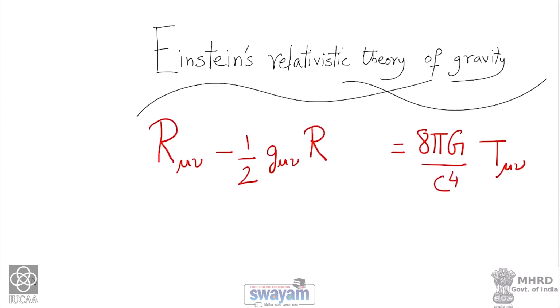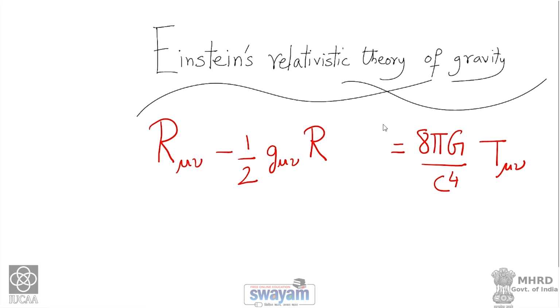Now, we all know that in Einstein's theory of gravity, the geometry of space-time is determined by the energy and momentum of the matter. So, typically the Einstein equation reads as follows. On the left hand side, you have the Ricci tensor R_μν minus half the metric tensor g_μν multiplied by the Ricci scalar R, which is completely a geometrical attribute of the 3+1 dimensional space-time.